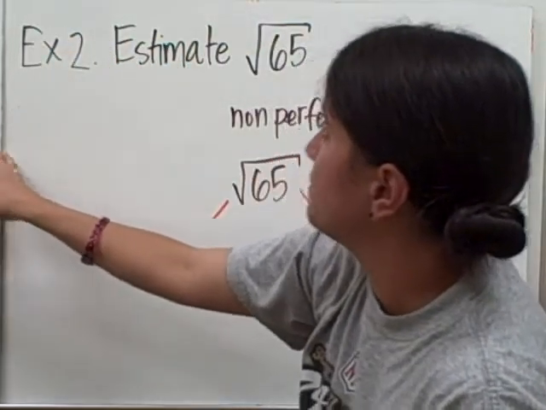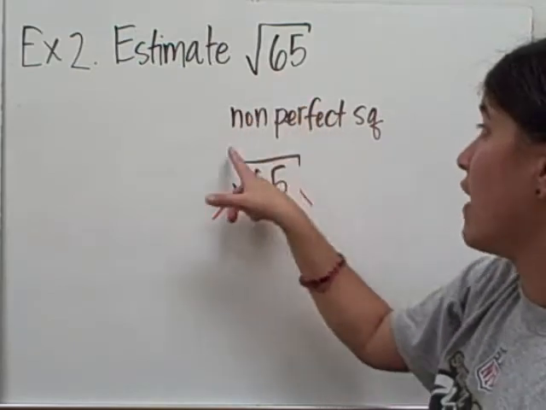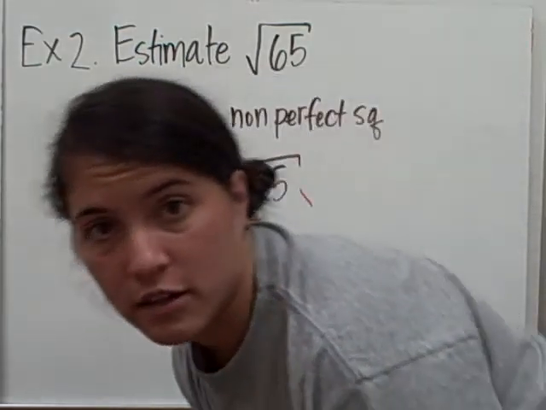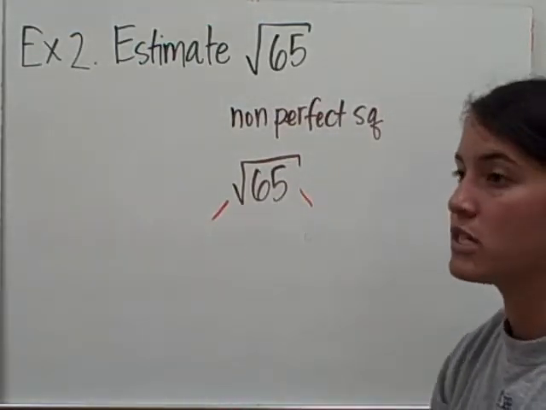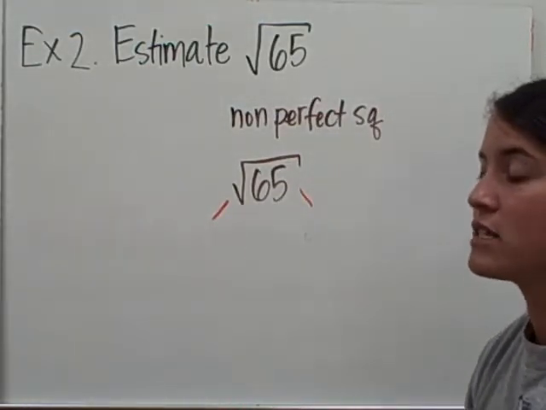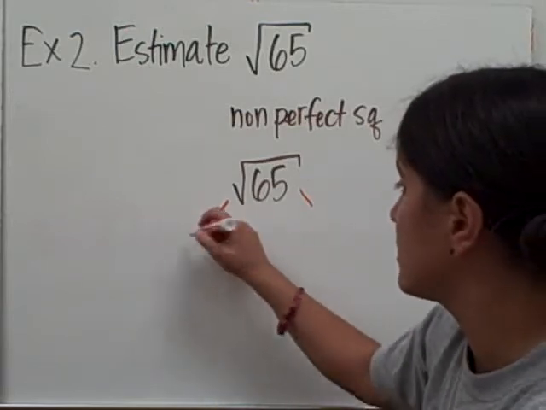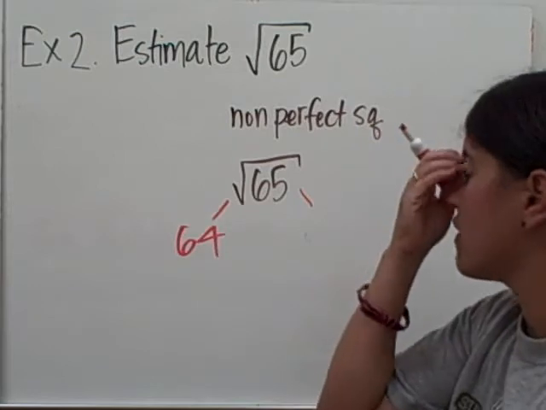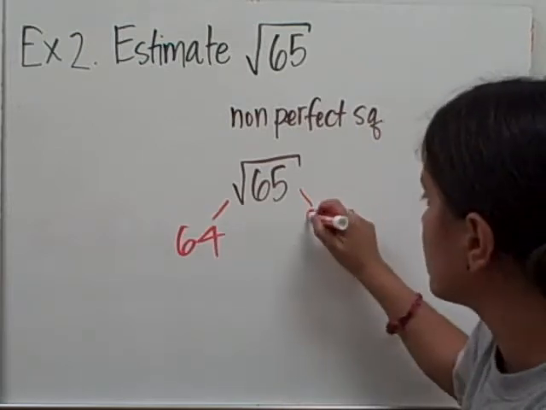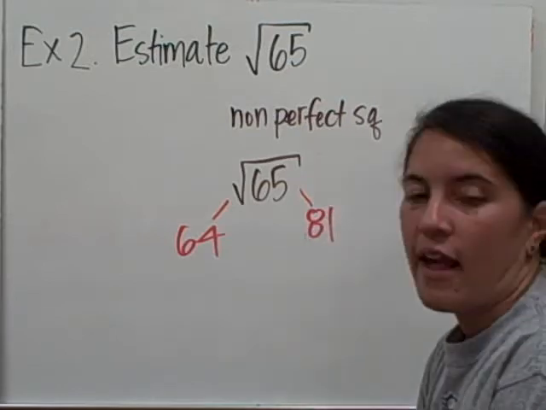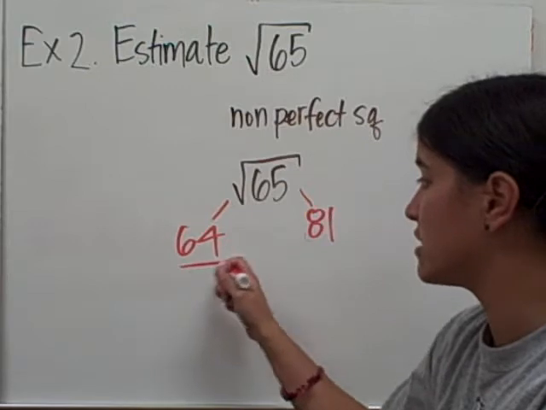All right, example 2. Estimate the square root of 65. Notice 65 is not a perfect square. It is not on that chart that we made. So the two closest perfect squares to 65: I know that 64 is a perfect square because 8 times 8 is 64. And then the next perfect square would be 9 times 9, which is 81. And this one's pretty easy. 65 is closer to what? Closer to 64.